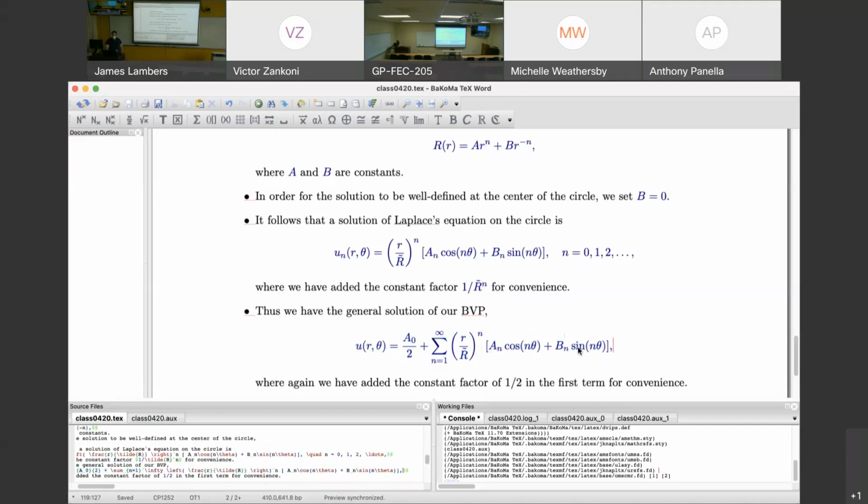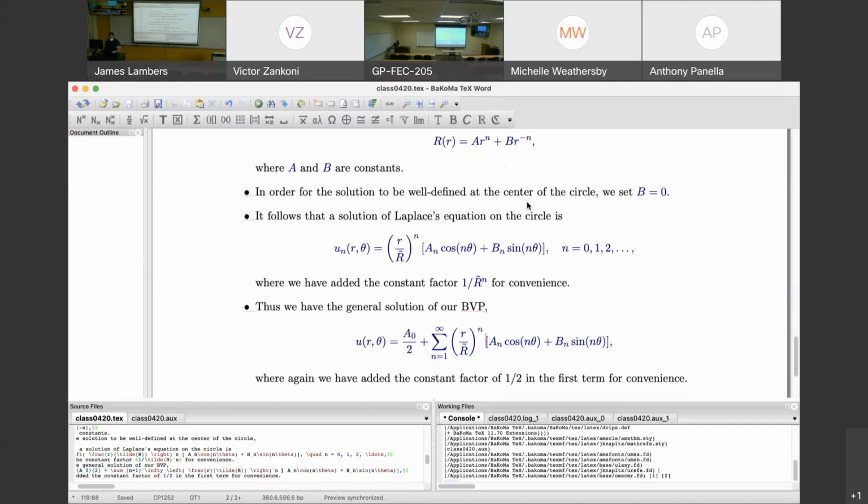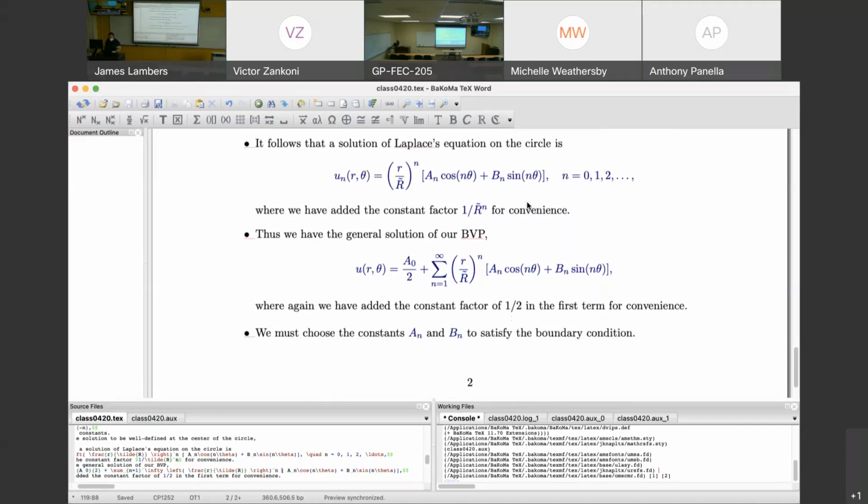It's just a matter of filling in the proper value of r tilde, which comes from the radius of your domain, and finding the proper coefficients, a0, an and bn, so that the boundary condition is satisfied. So that's the remaining task.